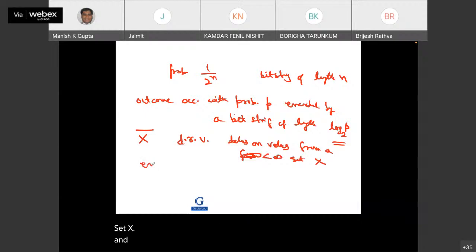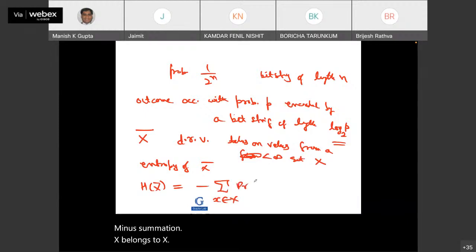The entropy of the random variable x is defined by H(x) equals minus the summation over x belonging to x of probability of x times log base 2 of probability of x. This is the entropy of a random variable x.